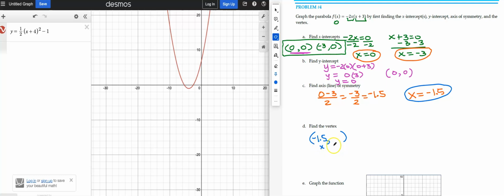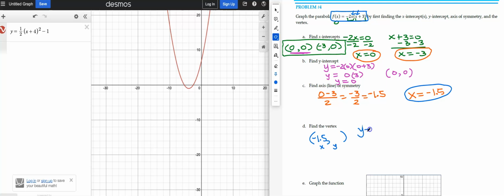We know the x, how are we going to find that other part of our vertex? I'm going to just have to look at my last step. So if we go back to our original equation here, and we know what x is, we can put negative 1.5 in place of both of those x's.